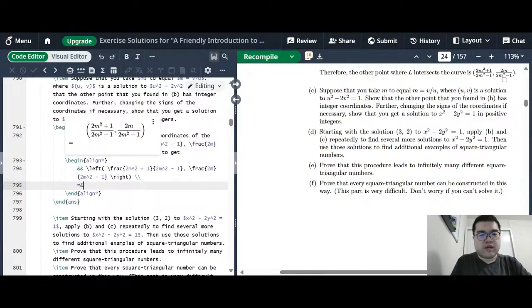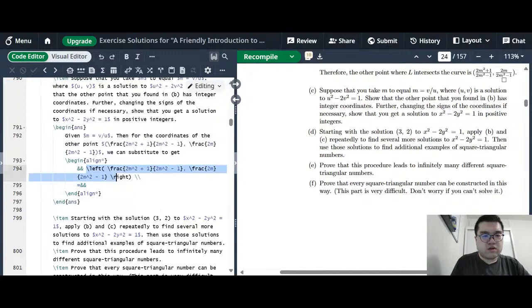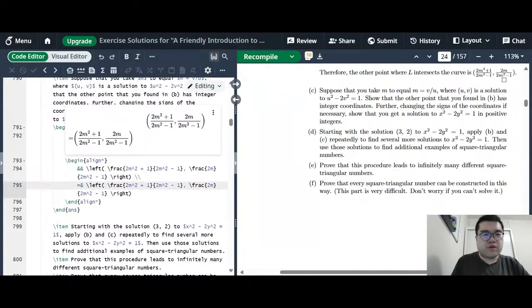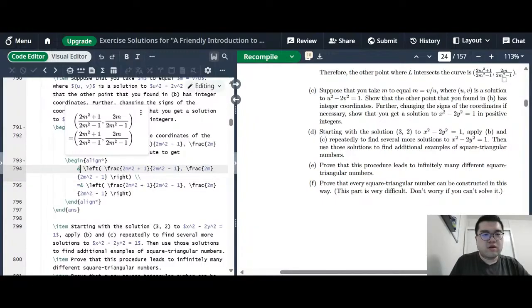I'll put an equal sign to get something like this. Or maybe I should just use one equal sign, I guess. Yeah, one equal sign. Oh, okay, one n sign.